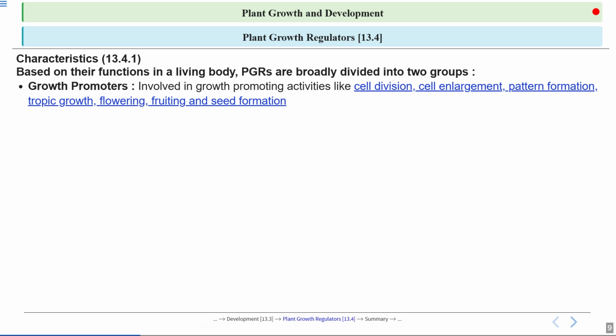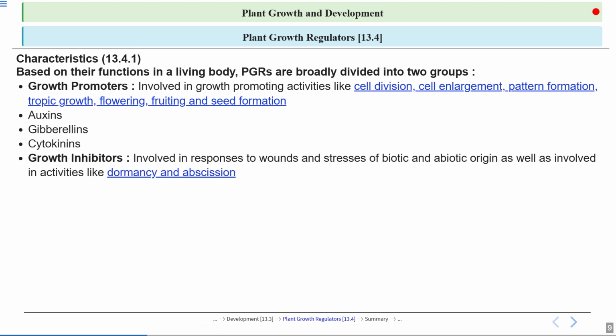All these are shown as plant growth promotion. So these are called plant growth promoters. Now in these plant growth promoters, what are the different hormones that come up? First one is auxin. Second is gibberellins. Third, cytokinins.